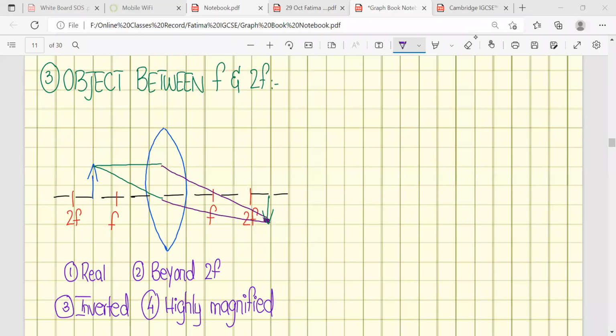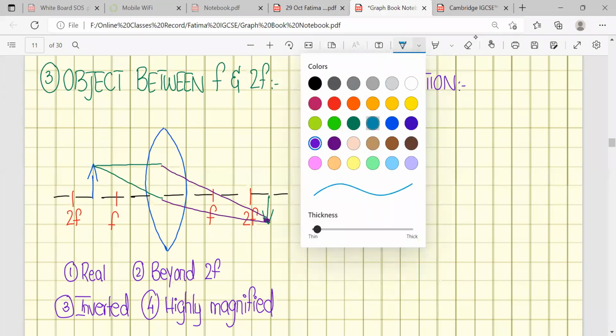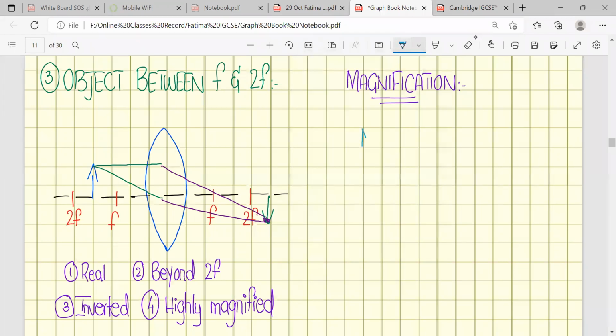If you want to calculate the exact magnification of any lens, you can simply calculate the magnification by using a formula. Magnification is the size of the image divided by the size of the object.